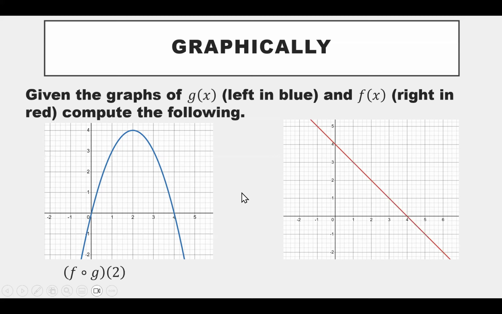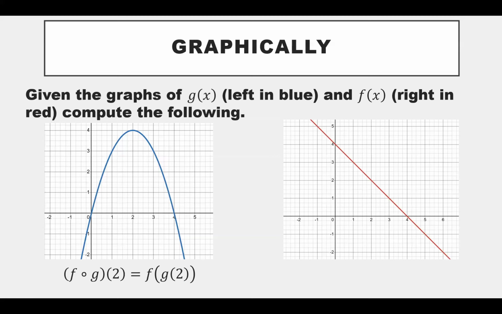If I said, let's try to find f of g of 2, what I would do is say, that means I need to plug in 2 into my function g. Well, since g here is on the left, the graph goes through the point (2, 4).